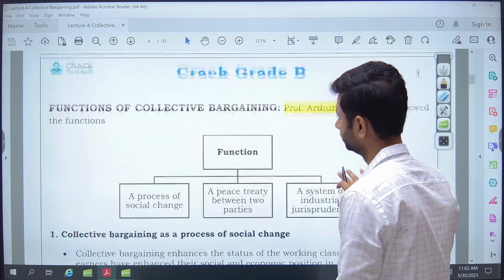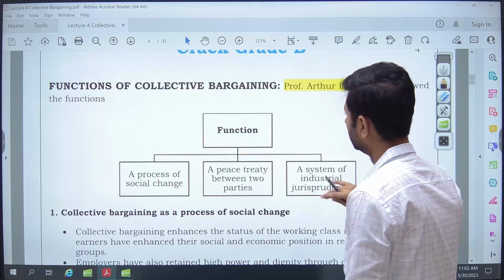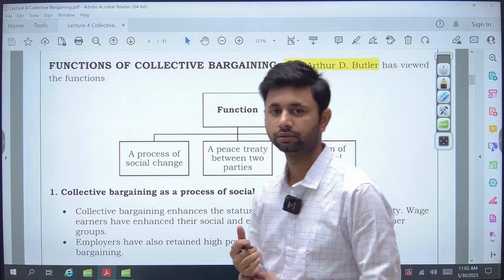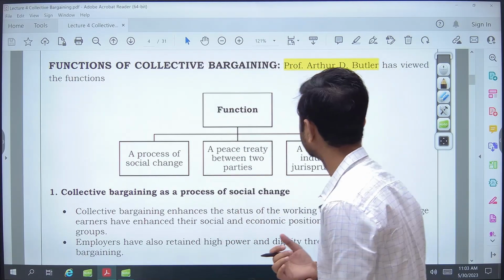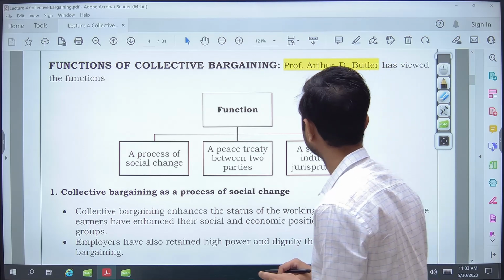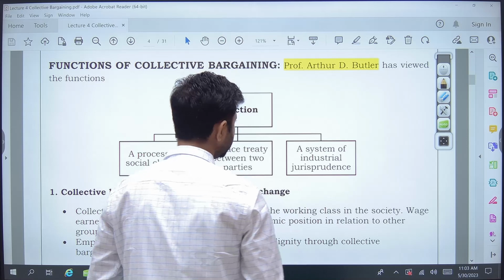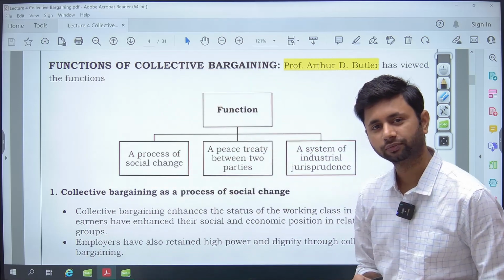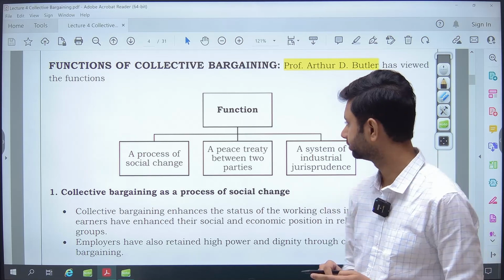We'll just focus on the functions of collective bargaining. So let's understand what the functions of collective bargaining are. Here we'll talk about Professor Arthur D. Butler, who has given 3 functions of collective bargaining.